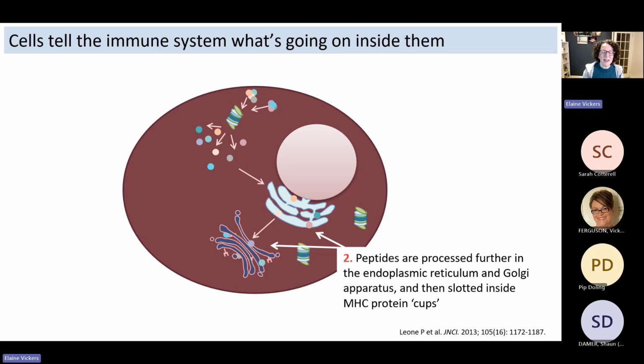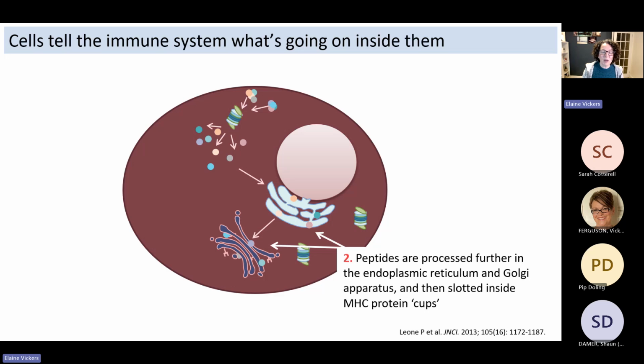Now, not every protein that gets forced into the proteasome gets completely destroyed. Some of the fragments that come out of those proteasomes are larger, and some of those fragments the cell purposely puts into a system involving the Golgi apparatus, the endoplasmic reticulum, and it deliberately refines and trims and selects those little protein fragments for display on the cell surface.